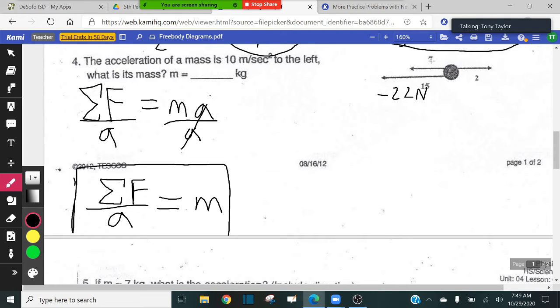And that's by just combining these two forces. And obviously, I only have one force on the positive side, so that's a positive 2. Okay. Guys, when you add up negative 22 with positive 2, when you combine these two forces, you clearly get negative 20.